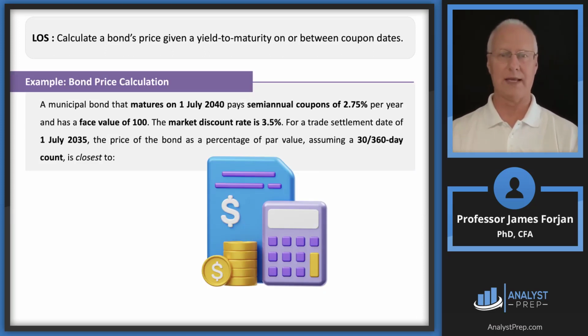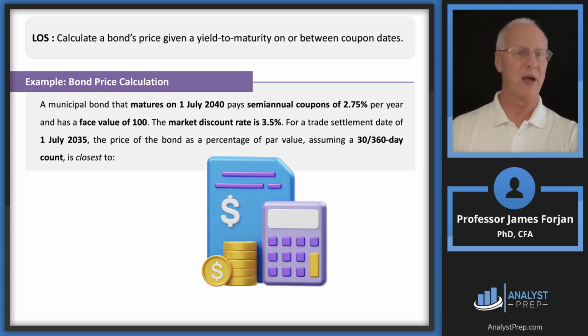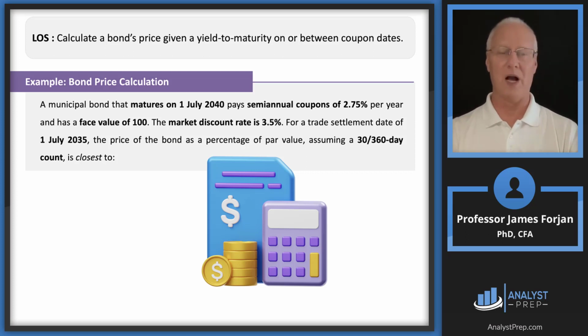All right, so let's go ahead and get out our financial calculators here. In this problem, we're given some dates for a bond issued by a municipality. Semi-annual coupons, 2.75%. There's a face value of 100. This bond really will have a maturity payment, a principal payment of $1,000, but to squeeze space in there, we're going to say $100.